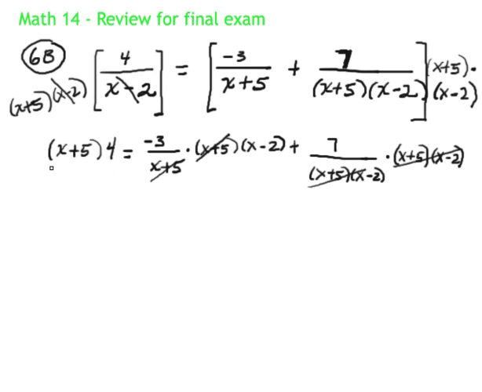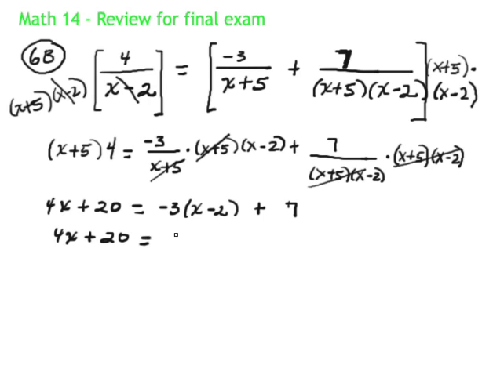All right, let's multiply through. On the left-hand side, we have 4x plus 5 times 4, 4x plus 20 is equal to, and here we have minus 3 times x minus 2 plus 7. All right, let's just simplify this. Notice this time we're not going to get a quadratic.